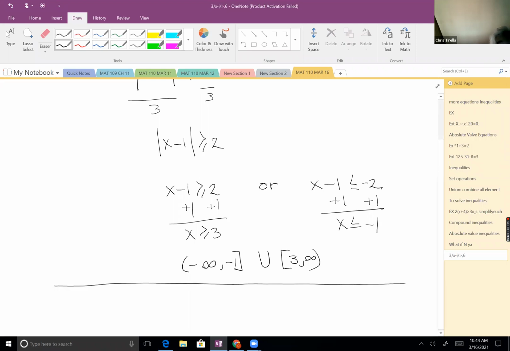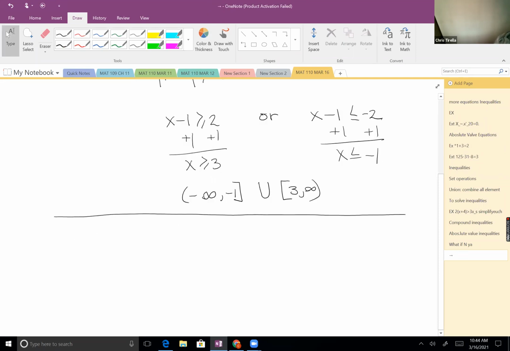And I believe we have time for one more absolute value inequality. This time, let's look at the absolute value of 3x plus 5 is less than 17.